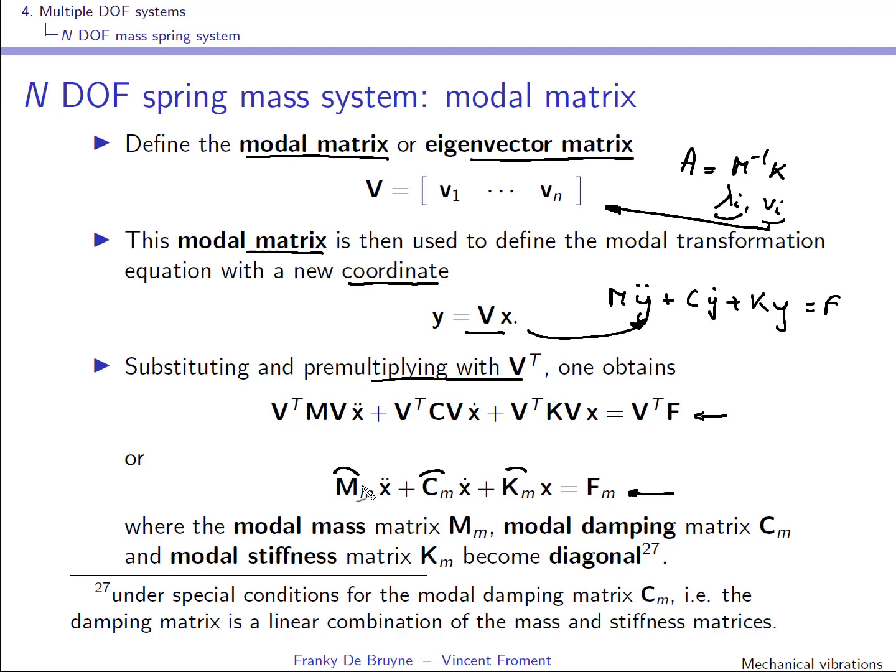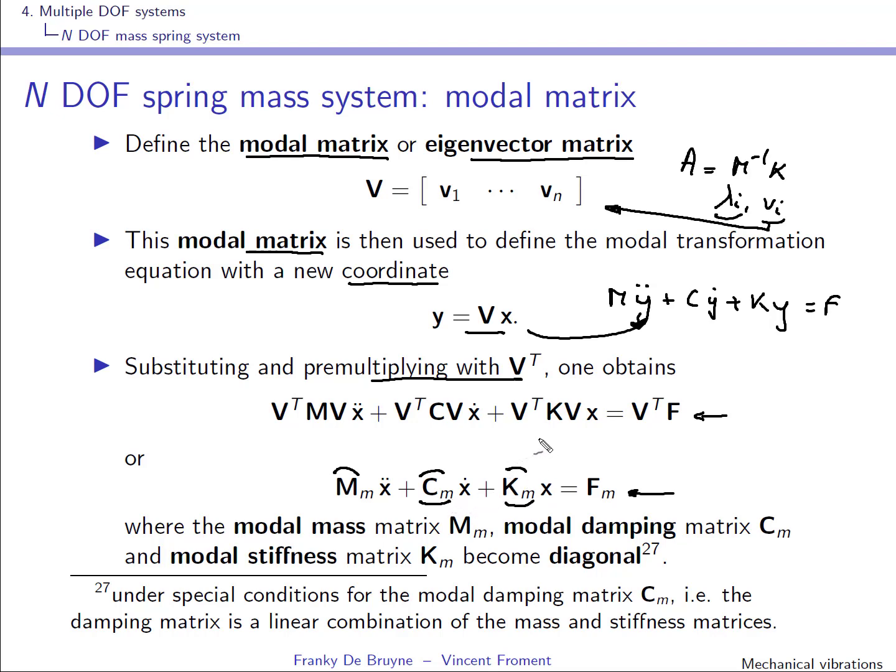Well, this one becomes diagonal. It was already diagonal, and these two become diagonal simply because you have diagonalized the system.